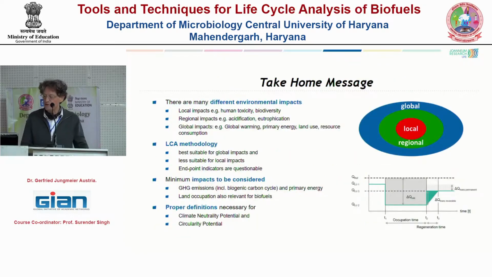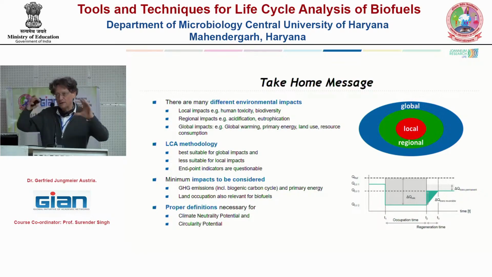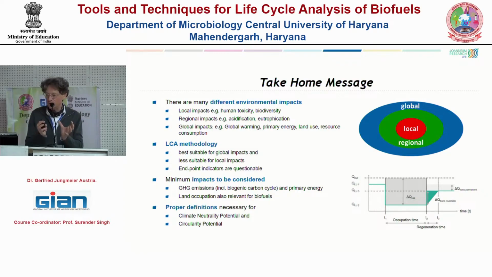So this is the summary, the take-home message for today from my side. We've seen there are many different environmental impacts, and they affect the global scale, the regional scale, or the local scale. The indicators on the global scale, I think the methodology of life cycle assessment suits very well to cover them. They are very well developed. And the more you come into regional or local effects, the more complex the system becomes.